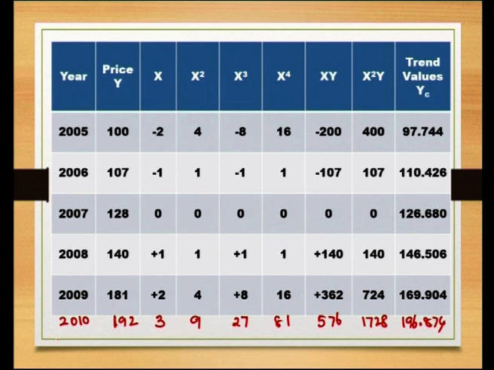The totals: n is equal to 6, summation y is 848, summation x is 3, summation x square is 19, summation x cube is 27, summation x power 4 is 115, summation xy is 771, summation x square y is 3099.